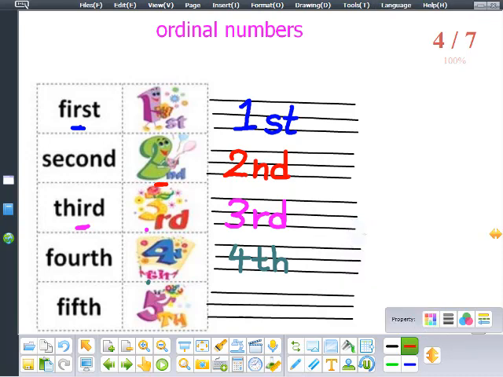Number 5. What do we call number 5 in order? We call it fifth. When we want to write fifth, we write number 5 and TH.